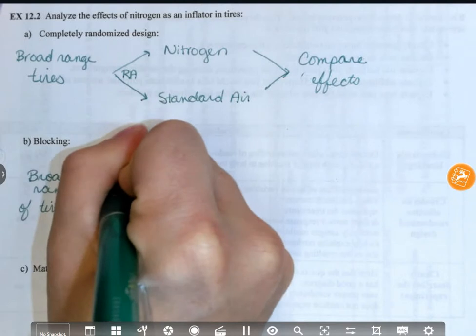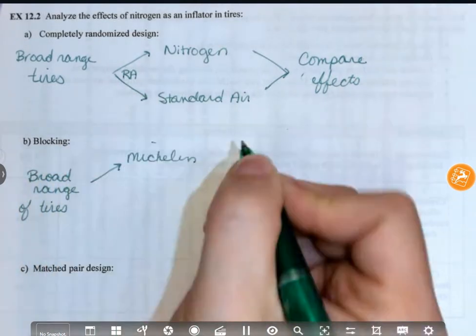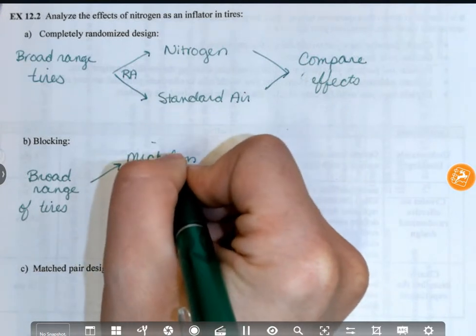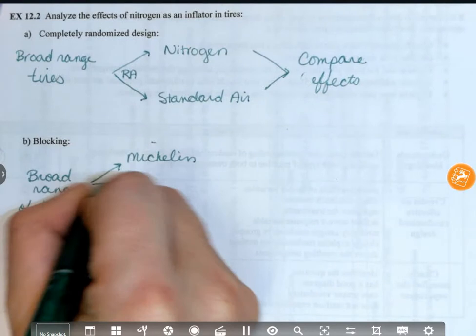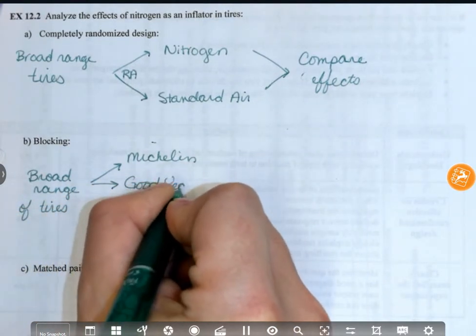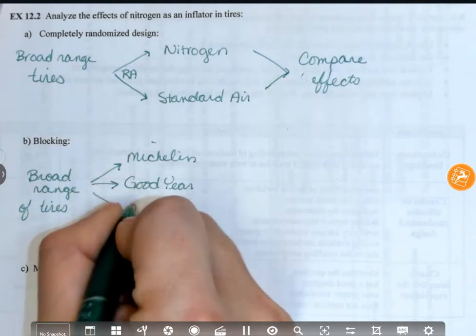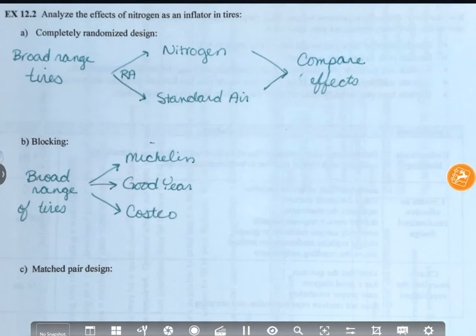and I'm going to block, let's say, Michelin. No idea how I spell it. Nobody knows. Nobody cares. Michelin, Goodyear. And let's do Costco for the teachers in the group. Or the college students or whatever.